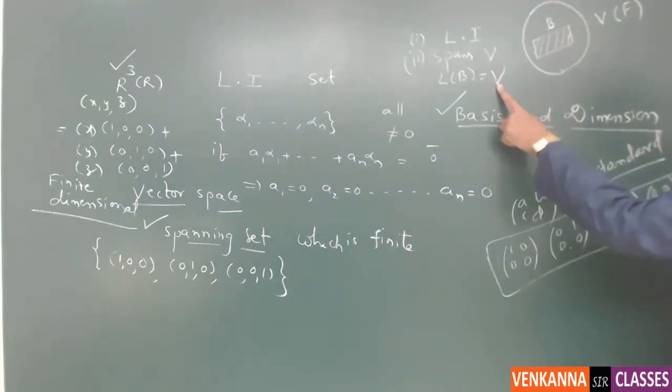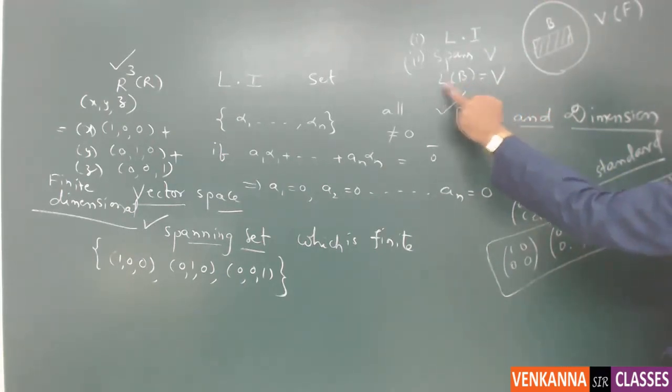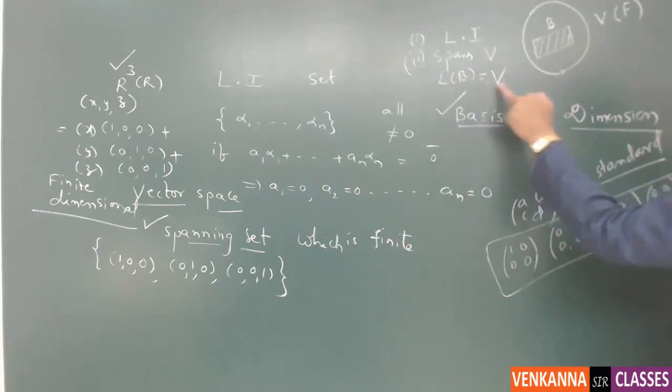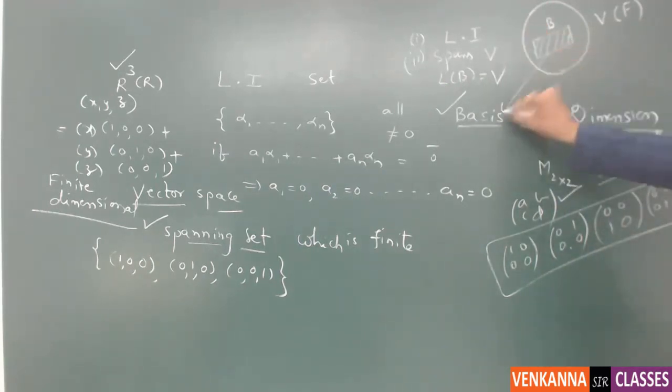Every vector in the vector space V can be represented as a combination of elements in B. So L of B, the linear span of B, is equal to V. Then this set we call a basis.